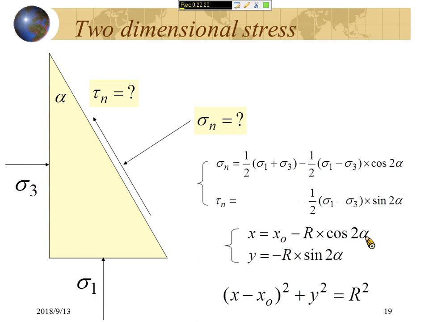When you change the coordinate system, the normal stress and shear stress will change. And all of the possible points connected together will be a circle. Why? Because force equilibrium tells you the result. Okay? I will stop here and take a rest.